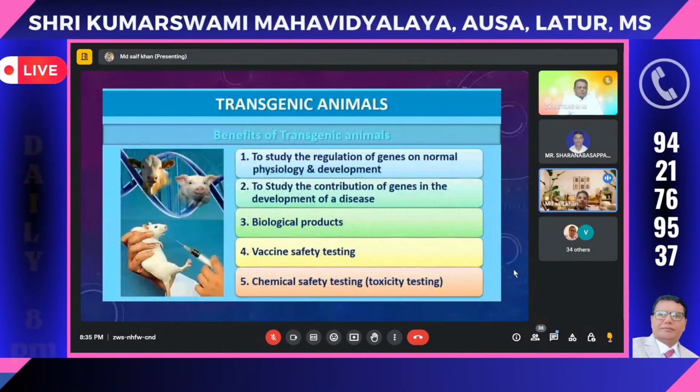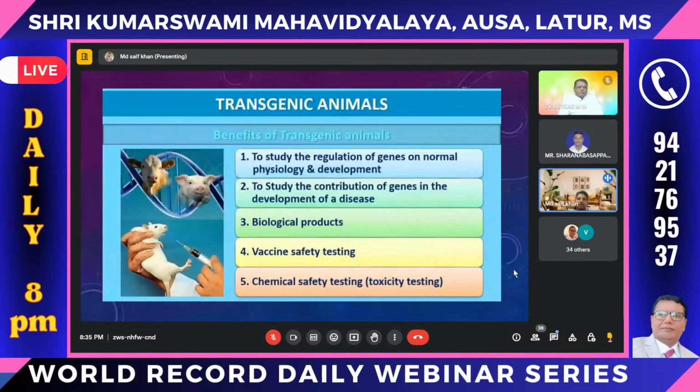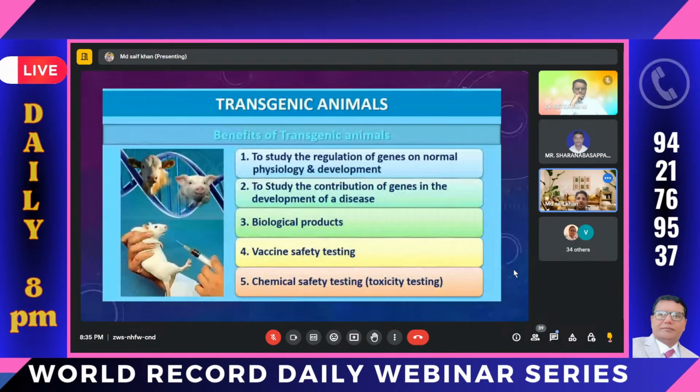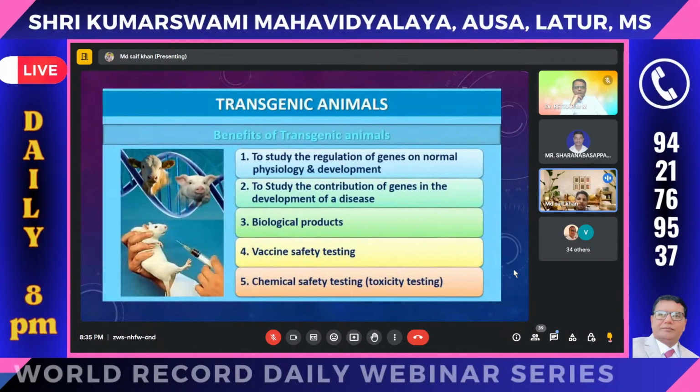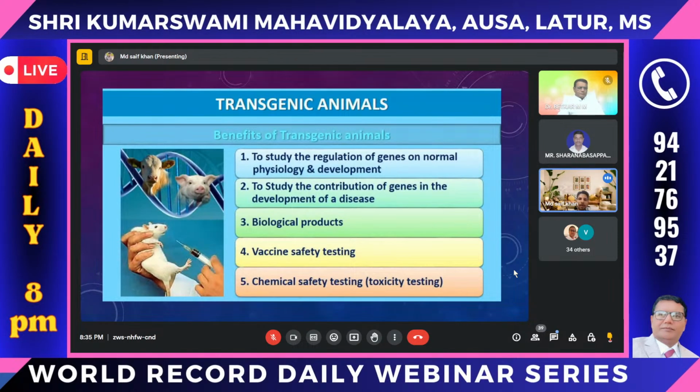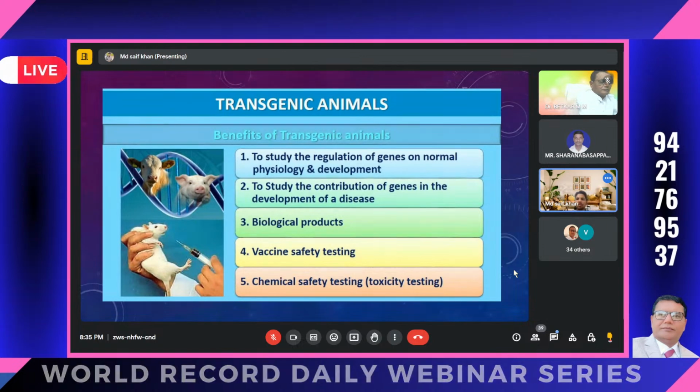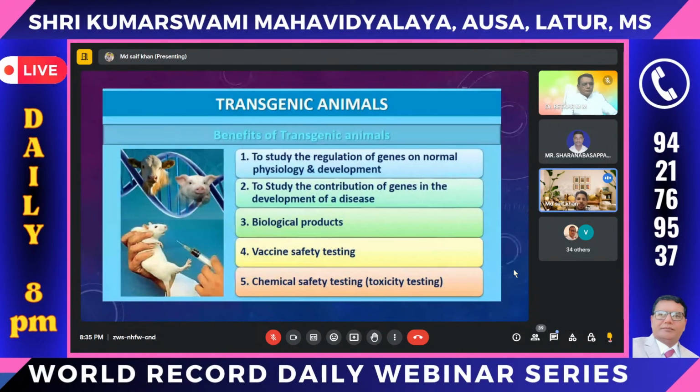Then another is the study of the contribution of genes to the development of disease. By using transgenic animals we are able to study which genes are responsible for causing a disease, right? And which protein is responsible for a specific disease, right? Then what are the biological products produced by specific genes, right?